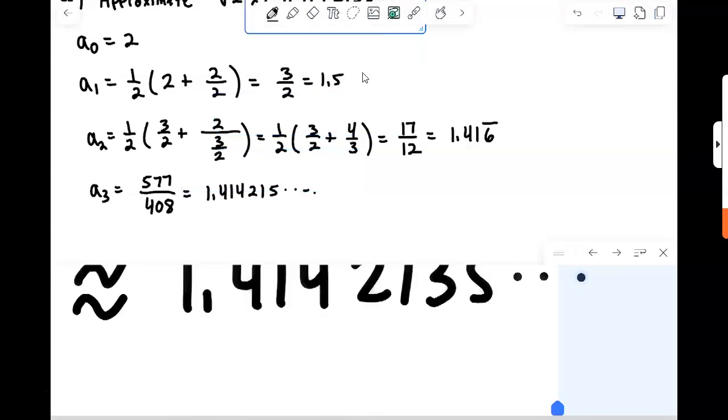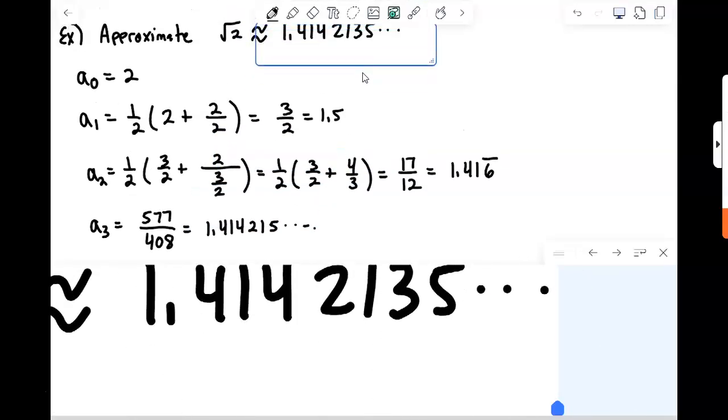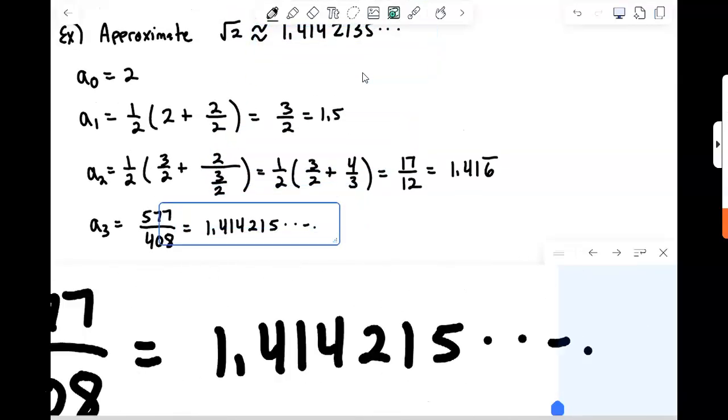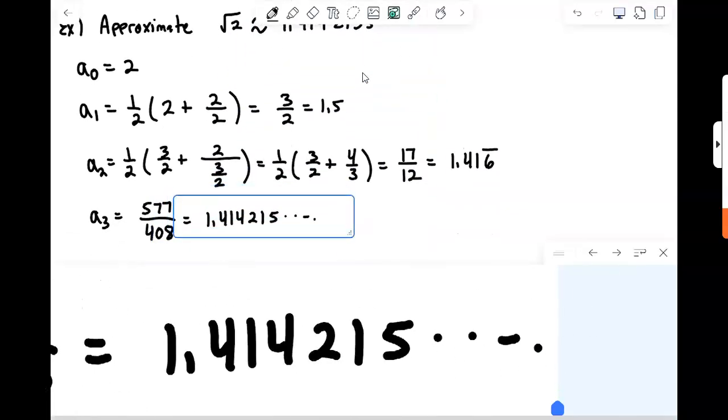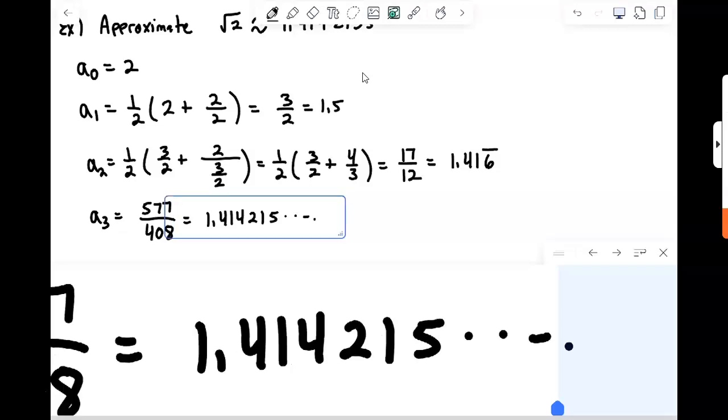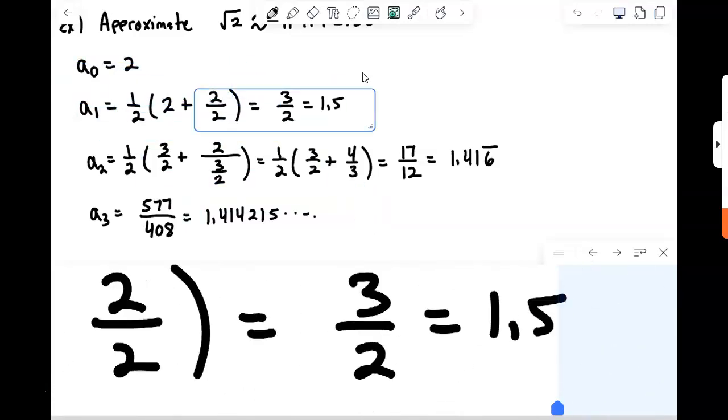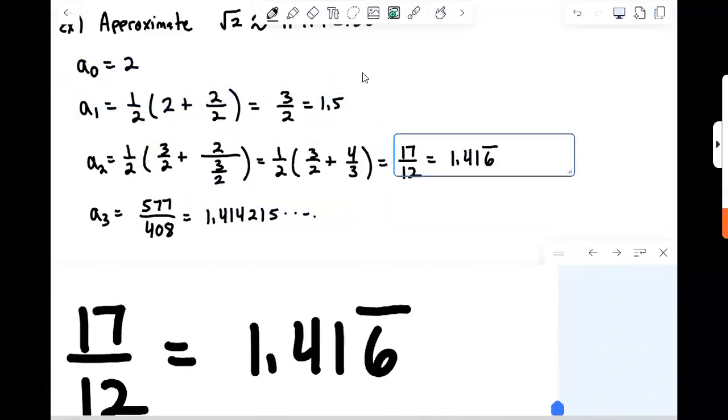So you can see it agrees in the first 5 places now with the actual square root answer. So this converges really quickly. It's approaching it really quickly in just 3 steps. And we can do the same thing for any other square root.